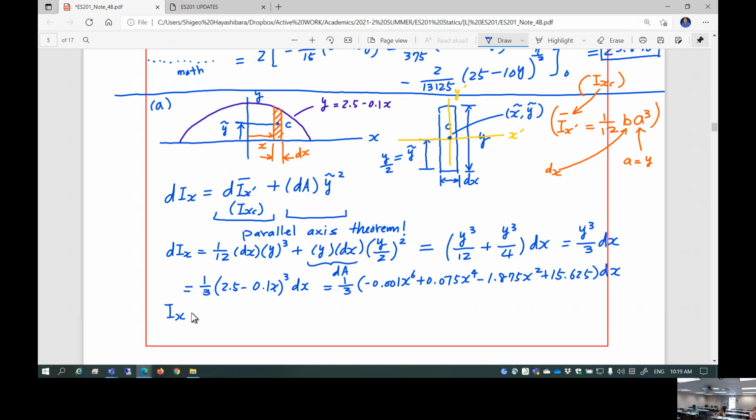You're going to integrate dIx over x, in which 1/3 comes out, integral from x equal to minus 5 to 5 of this whole thing: minus 0.001 x to the 6th power plus 0.075 x to the 4th power minus 1.875 x squared plus 15.625 dx.